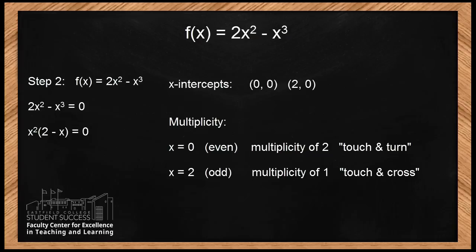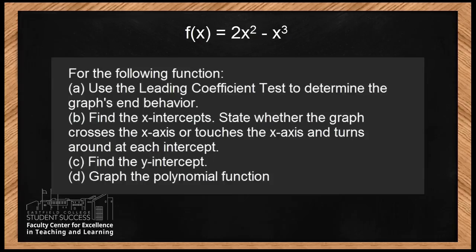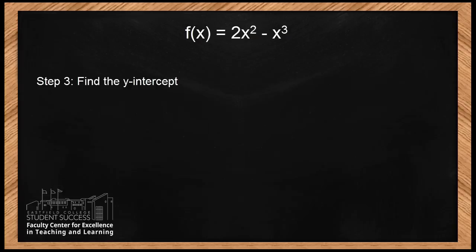Let's look at part C of the problem. Part C says find the y-intercept. Let's quickly remember, when we're looking for the y-intercept, we will always let x equal 0. So another way of saying it, find out what is f of 0.